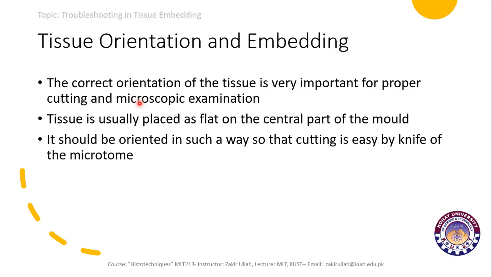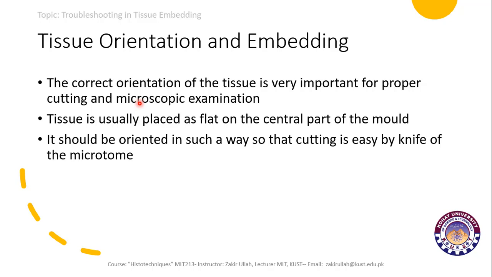And if only one direction or one orientation and one layer of the tissue is studied under the microscope, and the remaining layers are missed, there are maximum chances that we will miss the diagnosis and miss the diseased cells.